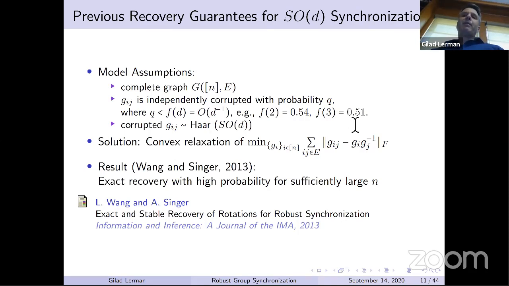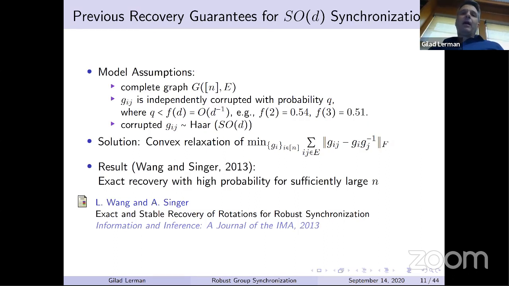So you corrupt with this probability, and once you corrupt, you use just a uniform measure on SOD, the Haar measure. Given this model, they try to see if a certain convex relaxation of the following least absolute deviations minimization problem solves the SOD synchronization problem. And indeed, they can prove exact recovery with high probability for sufficiently large n.